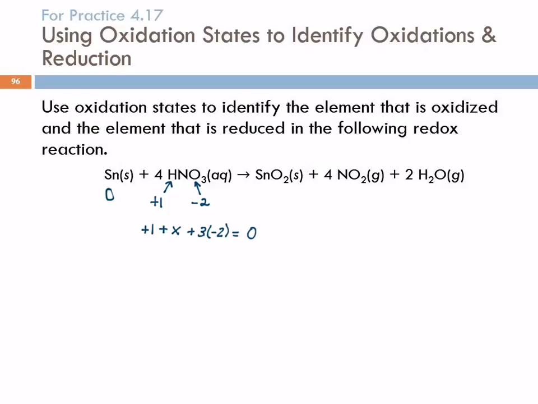So we've got +1 plus X, -6 equals 0. So what's X? +5. So the nitrogen is +5.